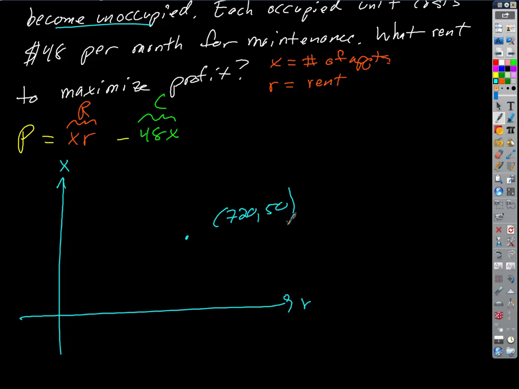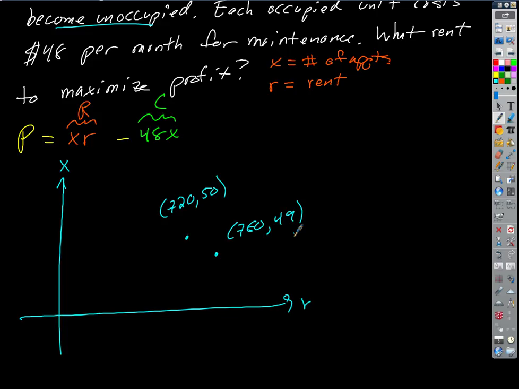Okay, now what's another point? 760, 49. So I could go over a little bit further, and I'm not gonna draw this to scale. So I get a little bigger value for R and a little smaller value for X. And it's just gonna be linear, isn't it?